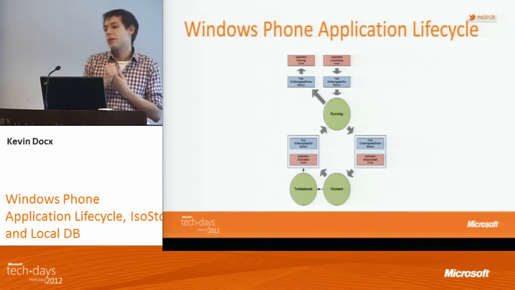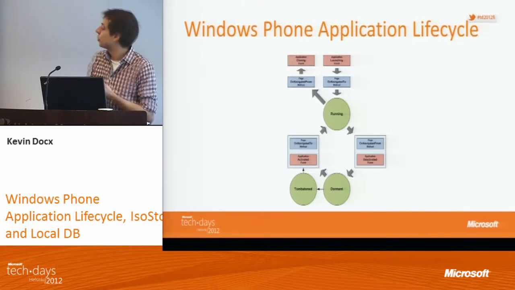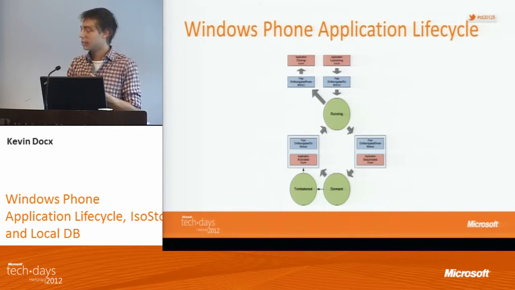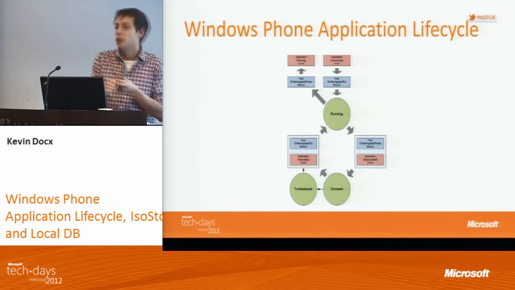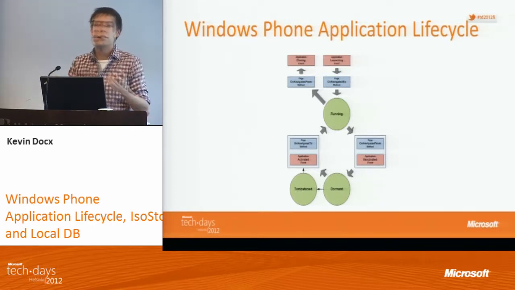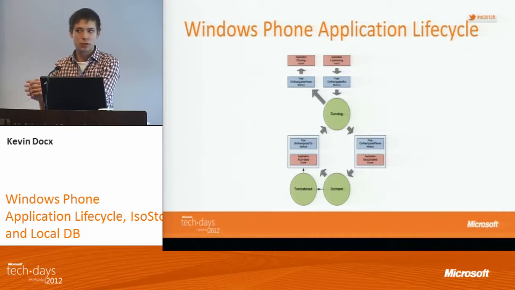That means we need to not only work with the dormant state, so do nothing, and work with tombstone state, so save state in the state dictionaries, but you also need to keep into account that the application can be totally removed from memory. So if you want to save state, then we need to use a mechanism like isolated storage to save state and load it again when the application launches. So that's 3 things that can happen when the user moves forward.